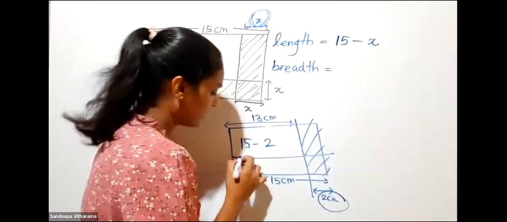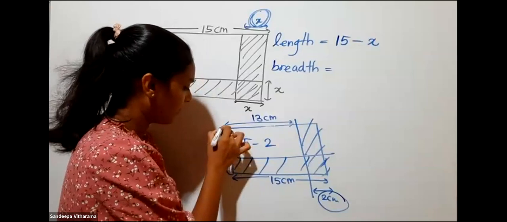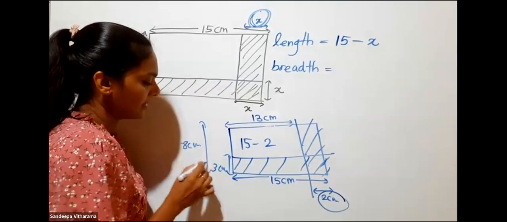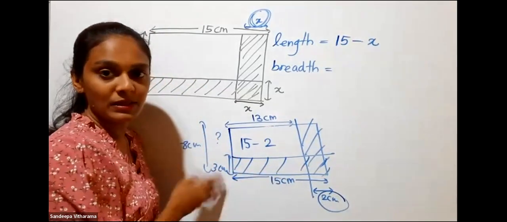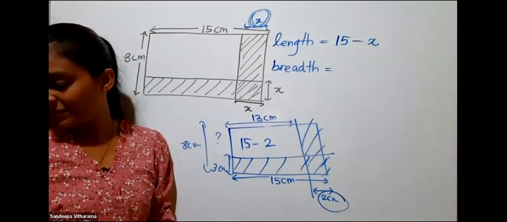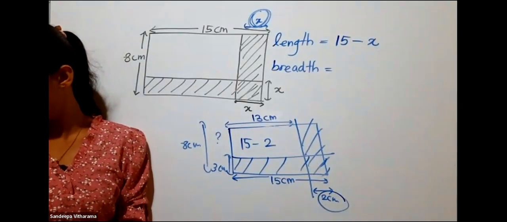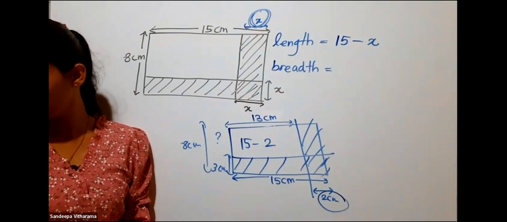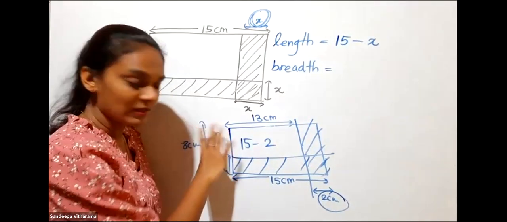Likewise, you may think, here I remove 3 centimeters from the breadth. It was 8 centimeters in breadth initially. Then what is the new length? If I remove 3 centimeters from the breadth, what is the new value?